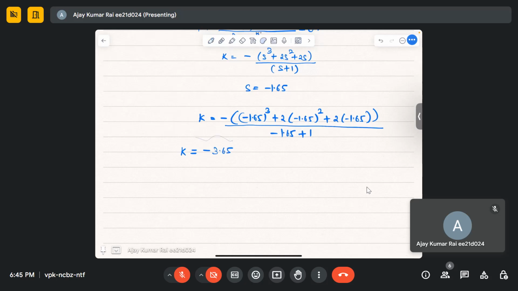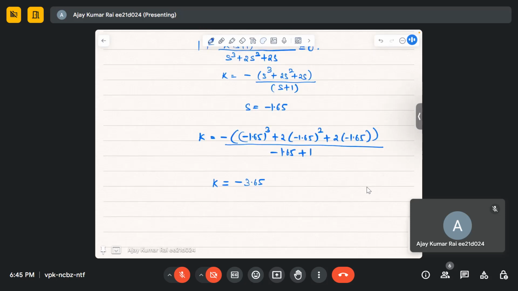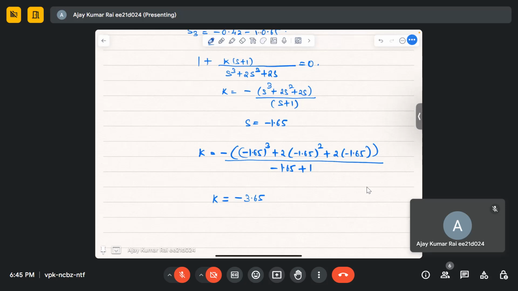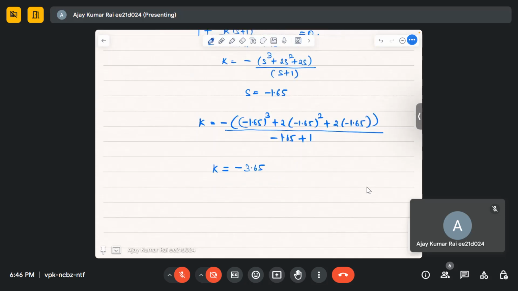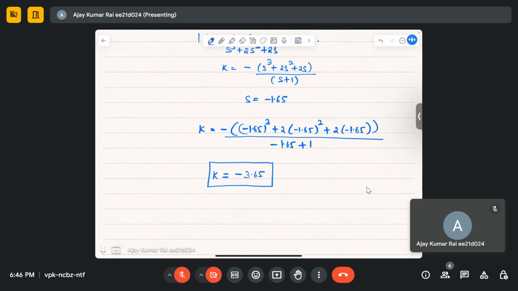Just check. If we have a negative number, then only you can say it's a valid break-in point. Can you confirm whether you're getting the same? Because it should come out to be this negative number. Then we can say s equal to minus 6.5 is a break-in point.